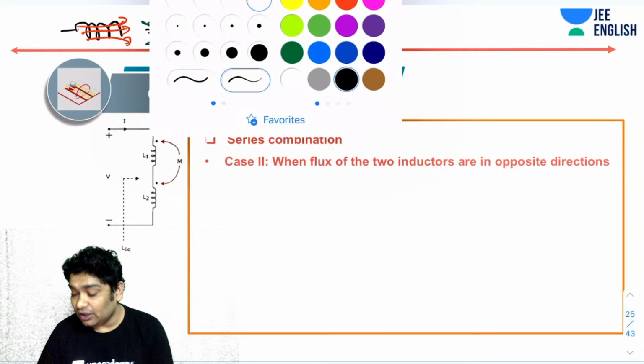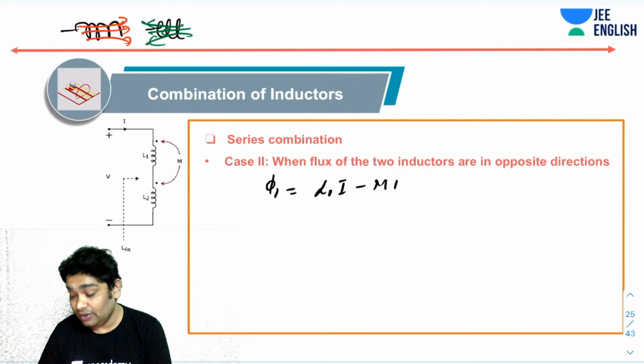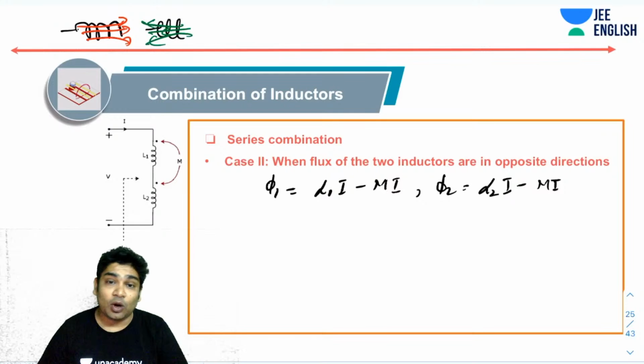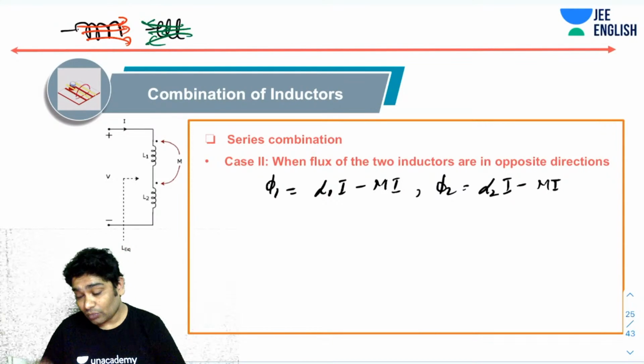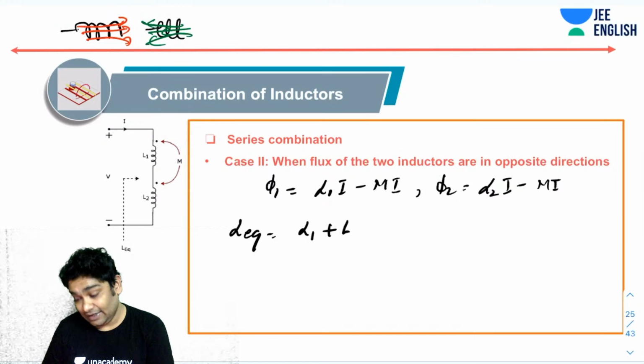In this particular case, phi 1 would be L1I minus MI, and similarly, phi 2 would be L2I minus MI. Why? The flux produced by the adjacent coil is in the opposite direction of the flux produced by the coil itself. So in this case, L equivalent would be L1 plus L2 minus 2M.